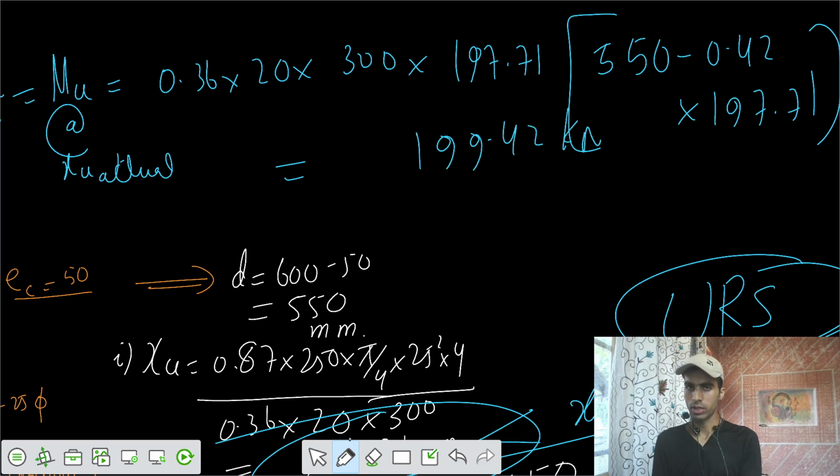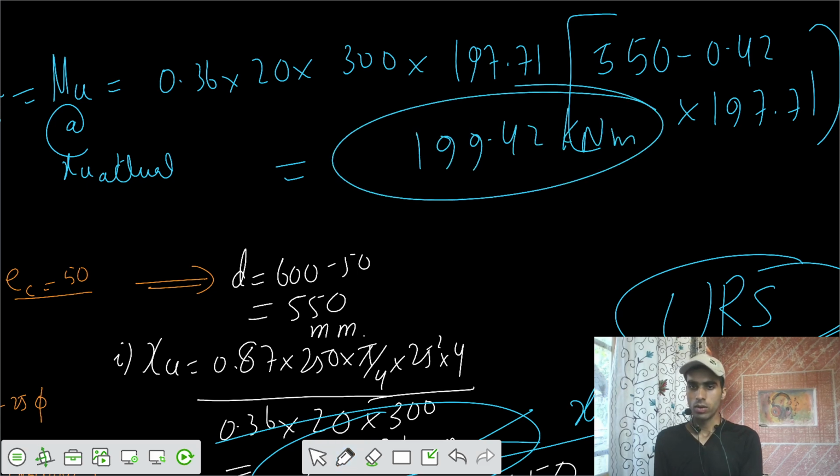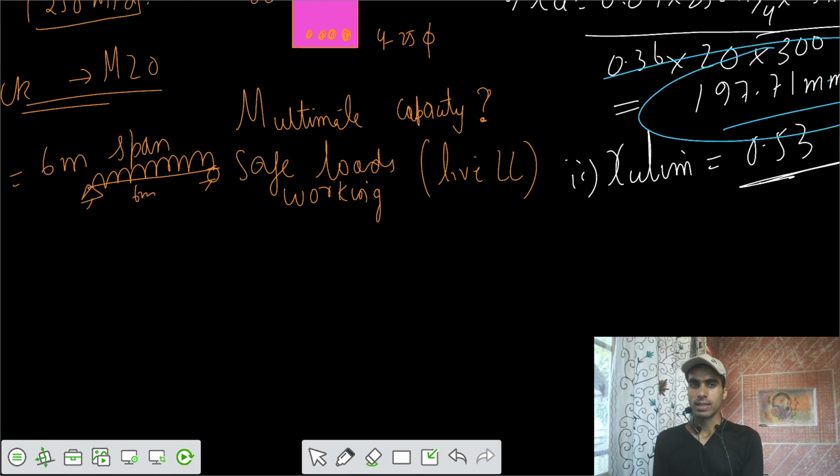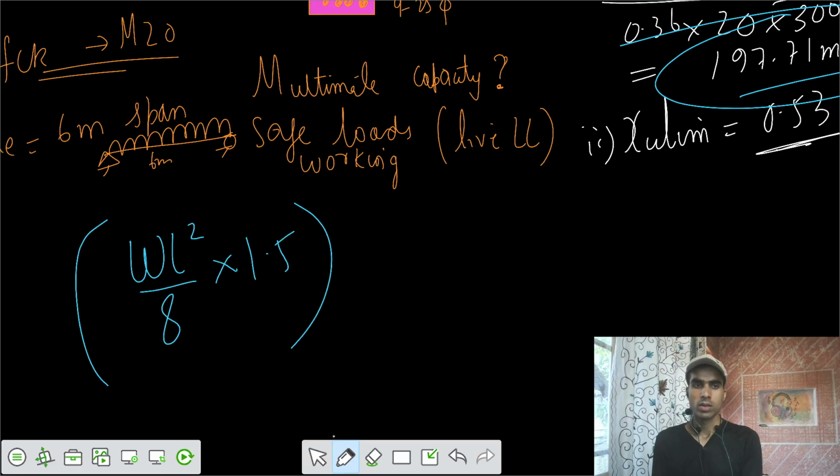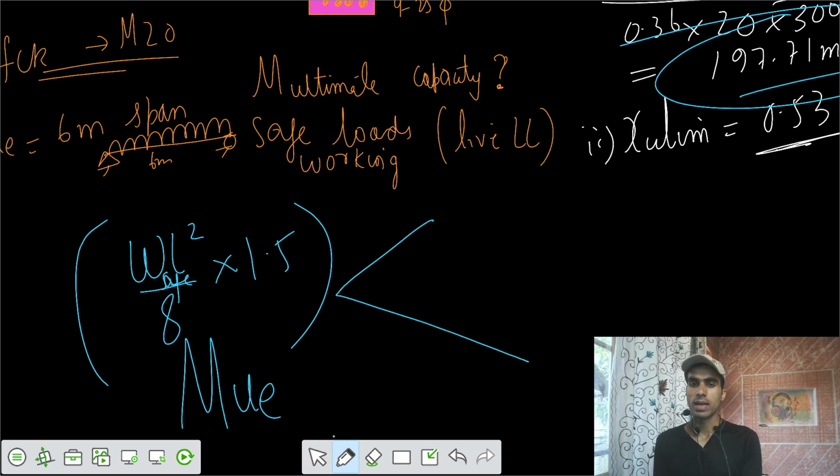So the moment of resistance is 199.42 kilonewton meter. Now our safe loads should be such that they cause a factored external bending moment that is less than the moment of resistance.